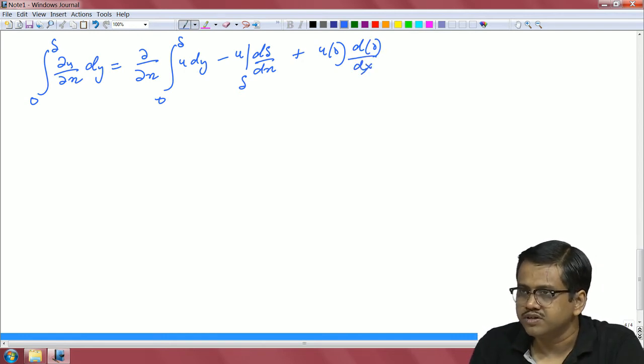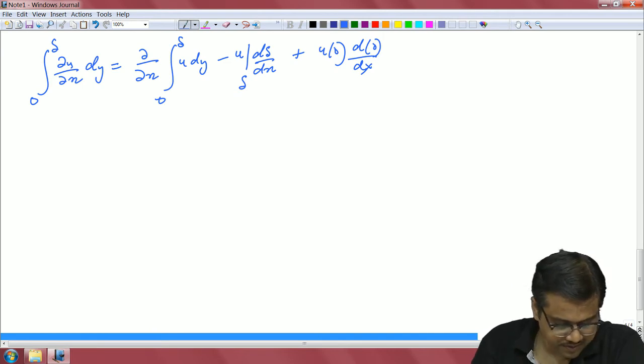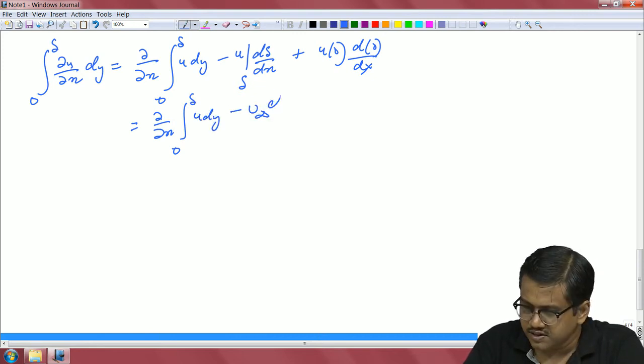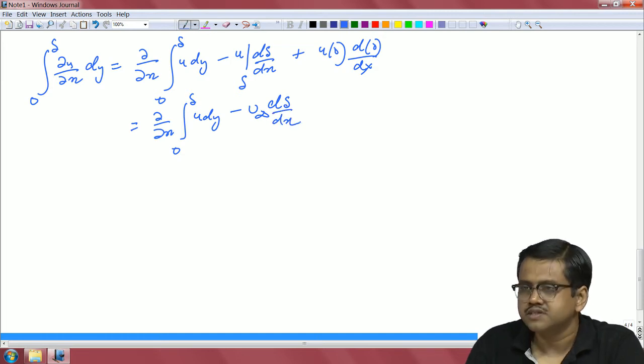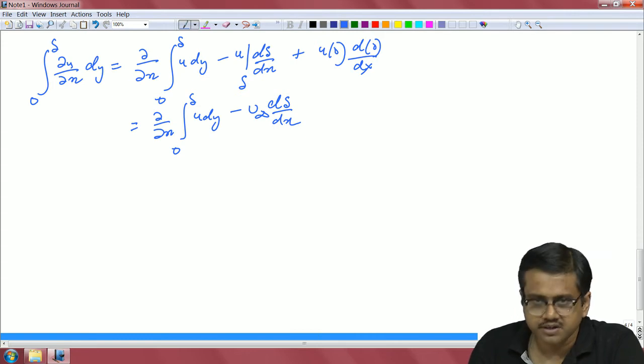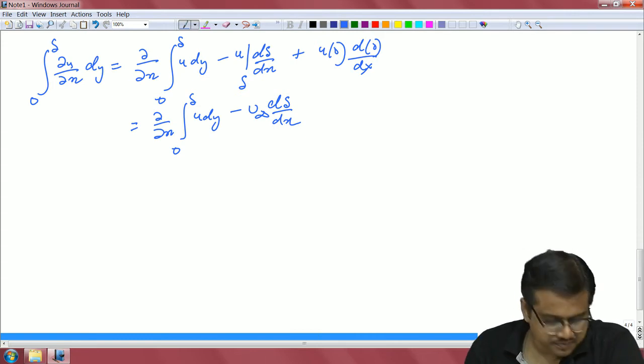That is the lower boundary, 0 is basically the lower boundary. So, this gives you d/dx of the integral from 0 to delta of u dy minus u infinity d delta/dx. Of course, the third term goes down to 0.